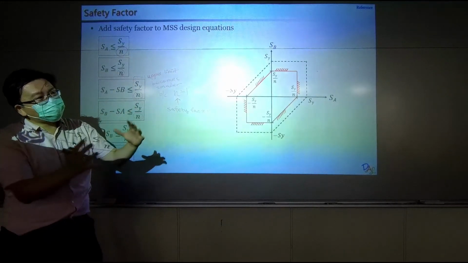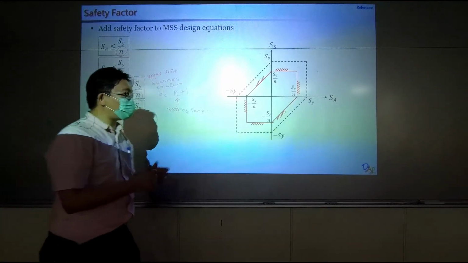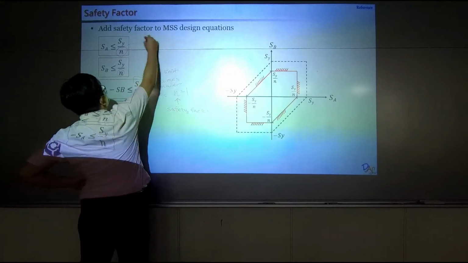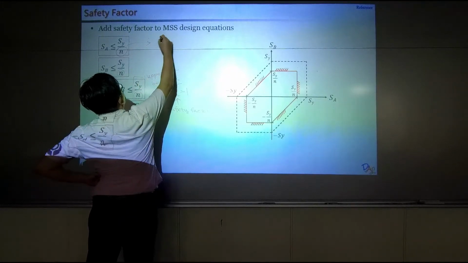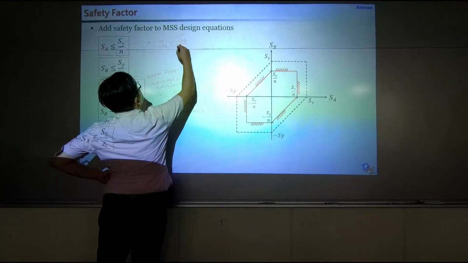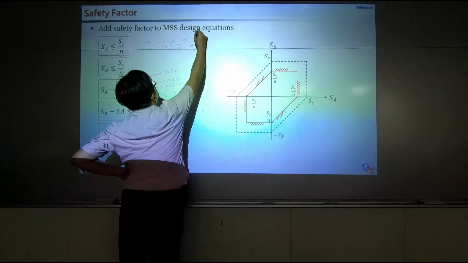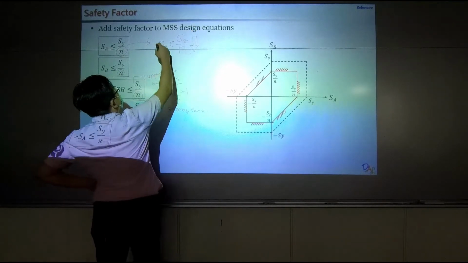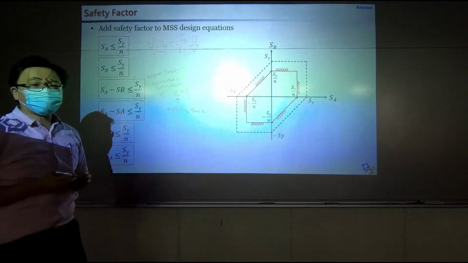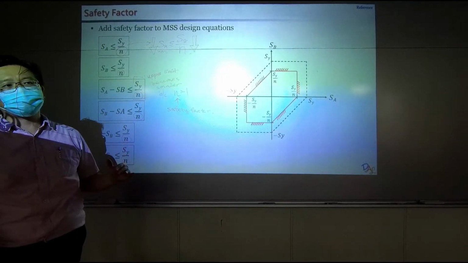When we have a smaller design region, what does that mean? That means we can only allow, let's take this as an example, basically stress, right? If this whole number drops, that means the stress I can carry drops. I can only handle a lower amount of stress.